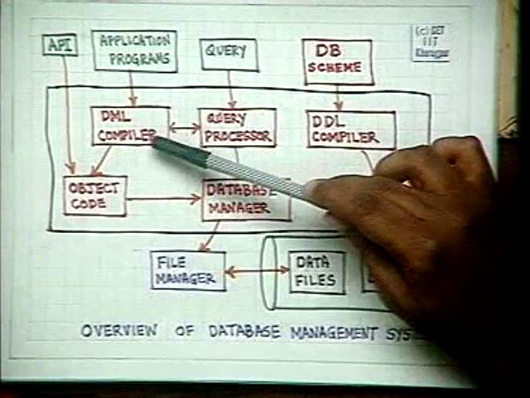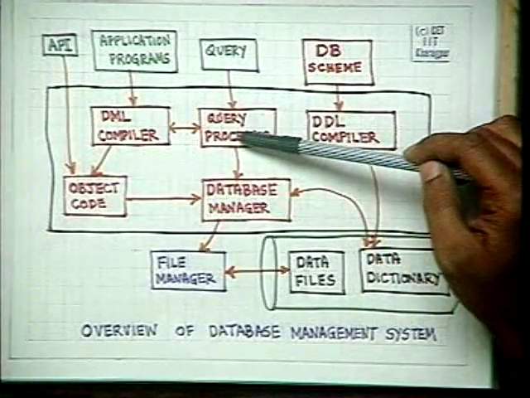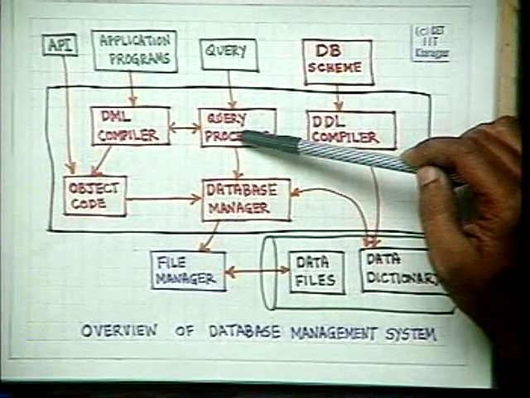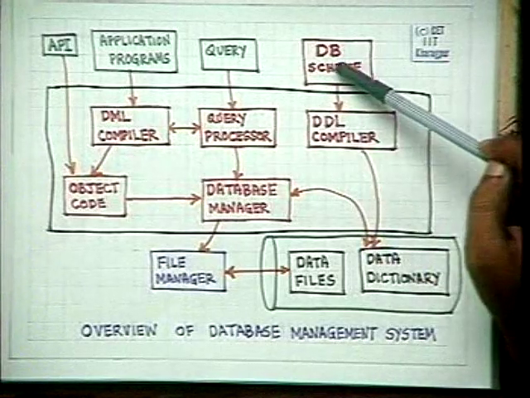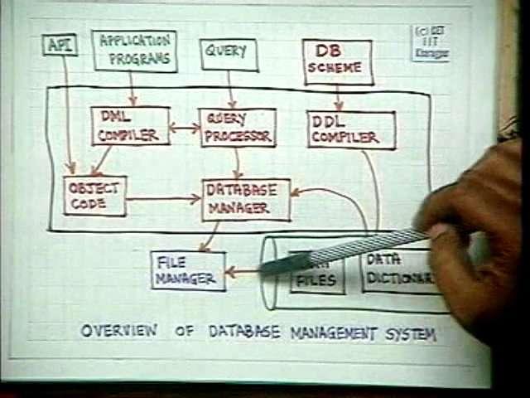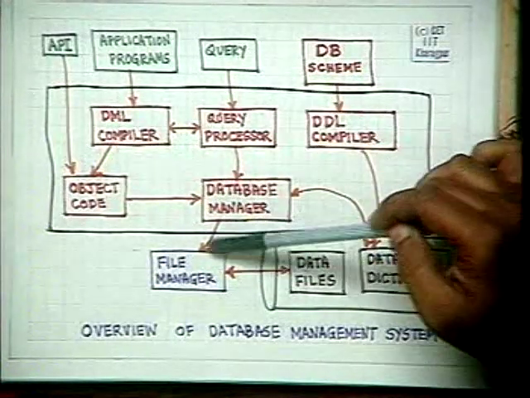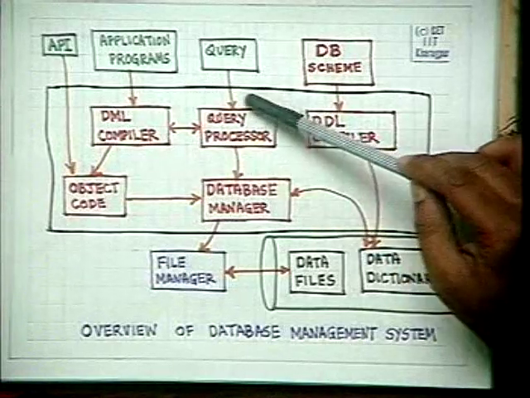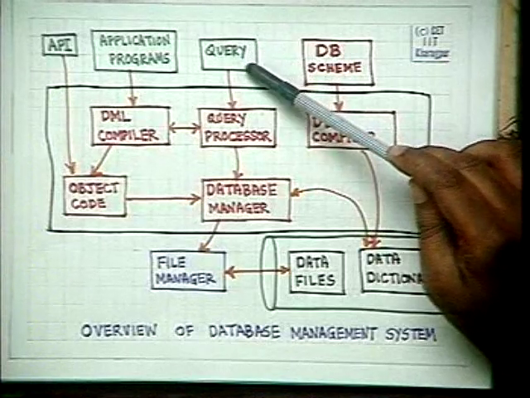And here it is not compiled always. What happens is, the query processor can generate directly the commands required based on the structure of the database schema and ask the database manager, who will retrieve the information from the file manager. So this is a very interesting and important aspect of a database system, the concept of a query and the concept of query processing.